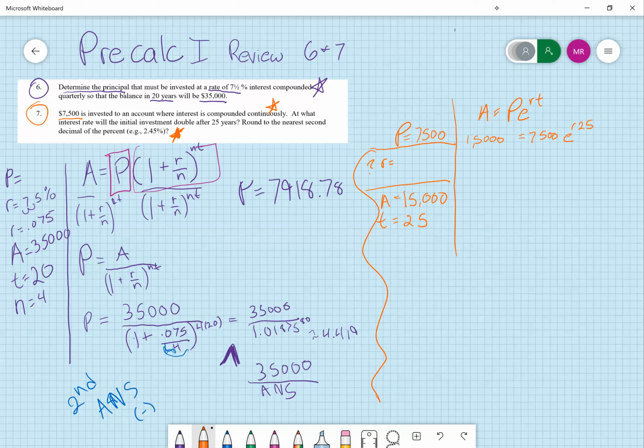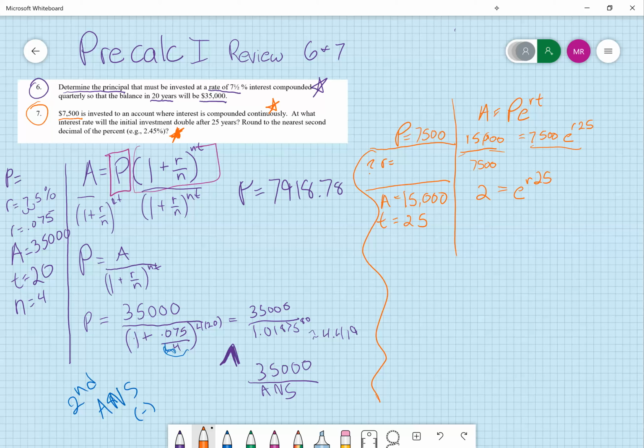Let's get e by itself, so we divide each side by 7,500. 15,000 divided by 7,500 is 2, equals e to the R times 25.